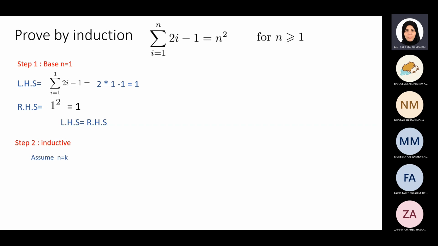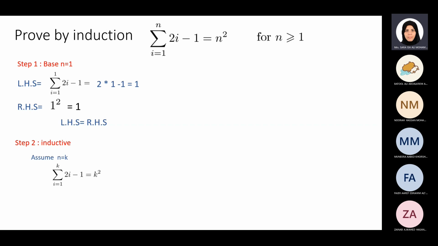We are assuming that this is true from i equals 1 to k. So just remove n in this term and replace it with k. From i equals 1 to k, the term 2i minus 1 is always equal to k squared. So I am assuming that this is true.